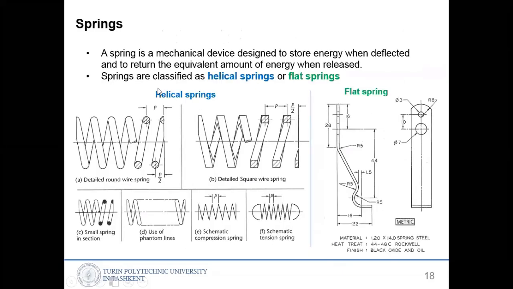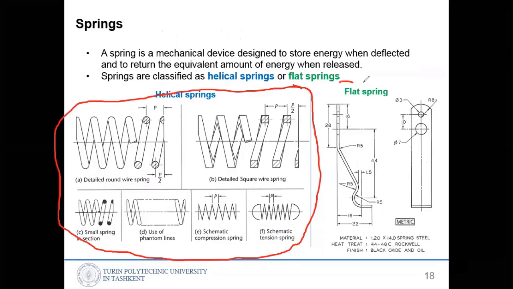Okay, so springs are classified as helical springs or flat springs. So here on the left-hand side you can see the helical springs, and I have to draw them in the drawing, and on the right-hand side flat springs.